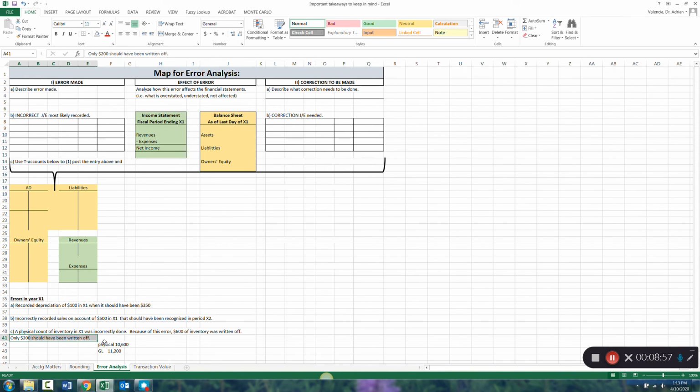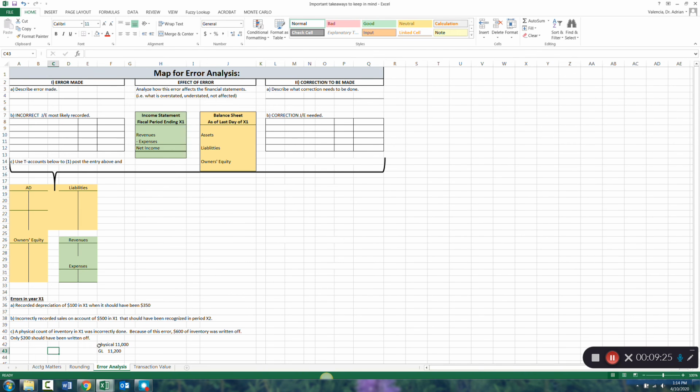So most likely the physical count was done wrong. In other words, the physical count should have been 11,000. It could be other scenarios, but just for you to understand how this works out. So if the physical should have been 11,000 because we found some other inventory that we had not counted, then the amount that should have been written off is only $200.